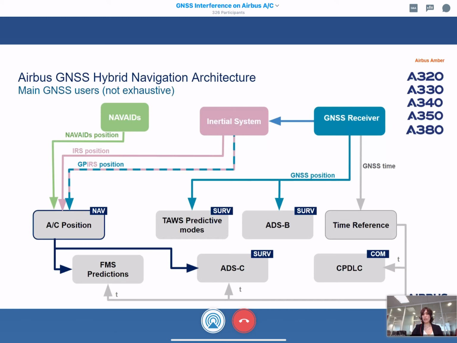Then, when we go to the surveillance functions, we can see here that functions such as predictive modes or ADS-B use pure GNSS position as a primary source. Also, pure GNSS input is used by the time reference of the aircraft, and this time reference is used for the FMS predictions, ADS-C, or CPDLC.